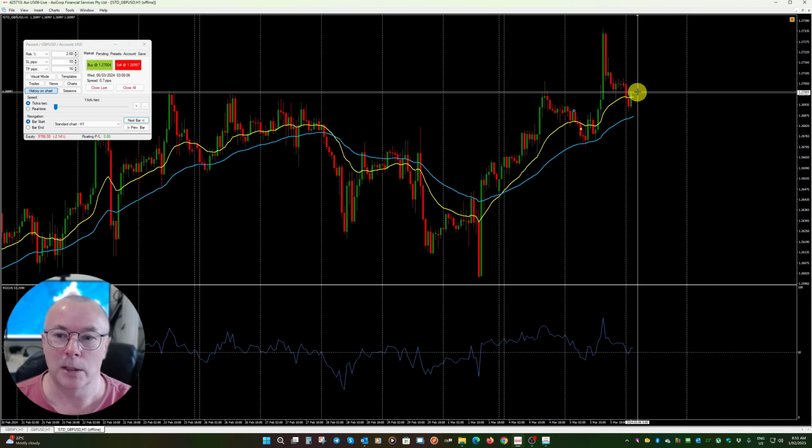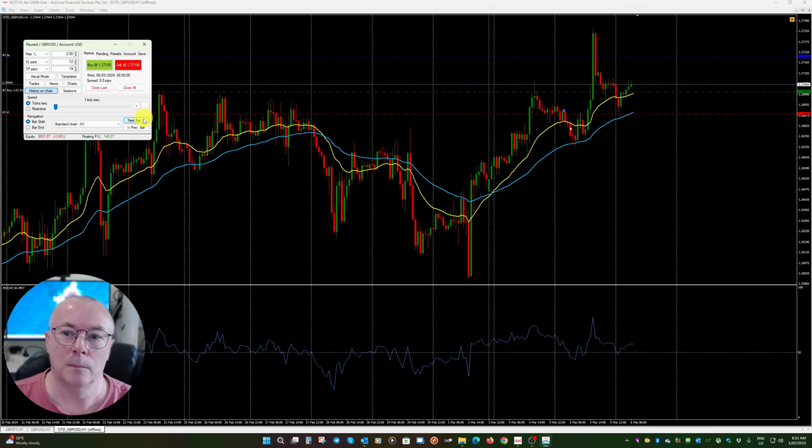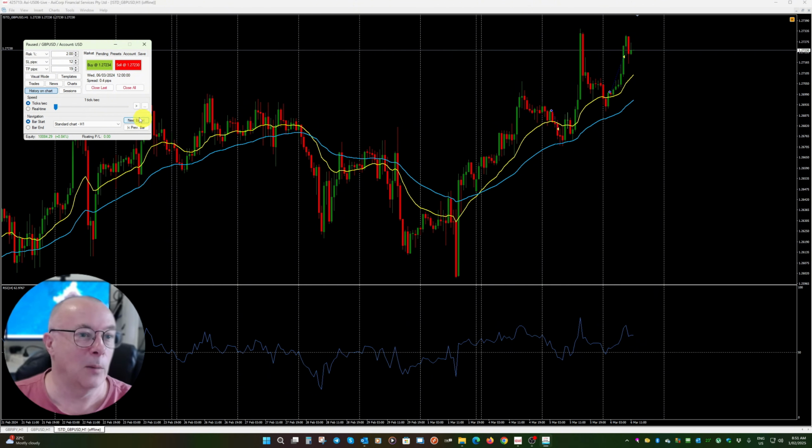Okay, here's another setup. Another one which is only a small stop loss. But that's okay, we'll go with the rules. That one met our criteria.